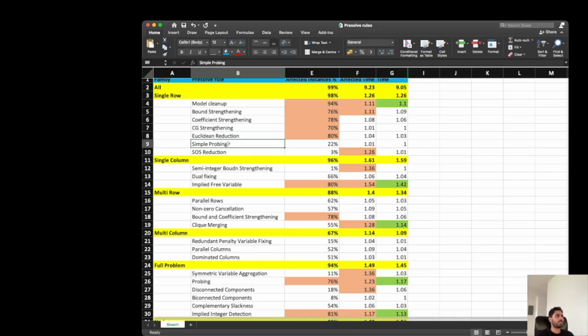Okay, so some of them can be safely removed, or if you are building a MIP solver from scratch, you might be able to skip some of them. For example, probing at a single row level is not really affecting a lot of instances. Only 22% of instances are affected, and on those instances it's only gaining like 1% in terms of time. So you can safely ignore implementing that one.